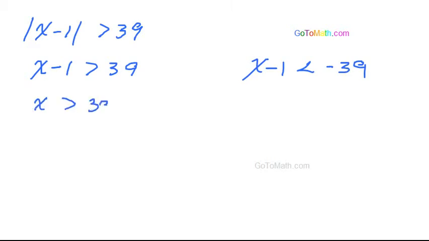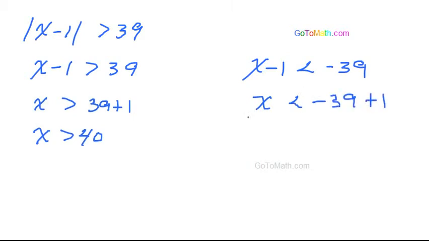So we got 39 plus 1, and then we have x is less than negative 39, adding 1 to both sides. Okay, x is greater than 40, x is less than negative 38.